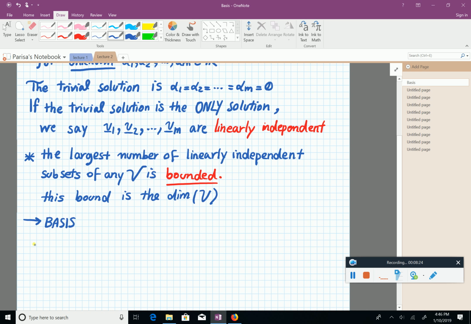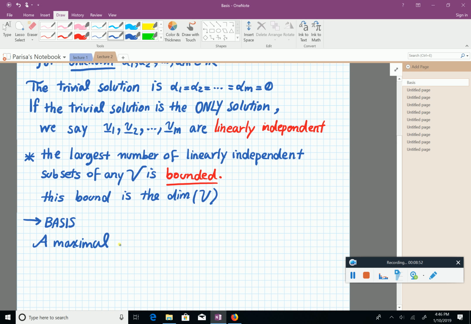A formal definition of basis is that it is a linearly independent subset with the maximum number of vectors that you can have in that vector space. If you reach that wall, that subset would serve as a basis for the vector space.